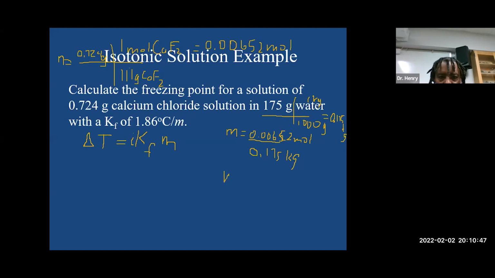So I get my molality, molal, equals 0.0373 moles per kg.